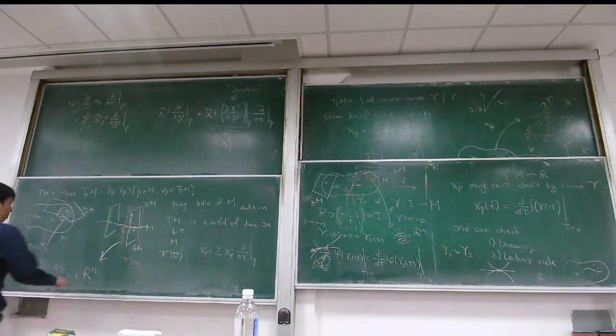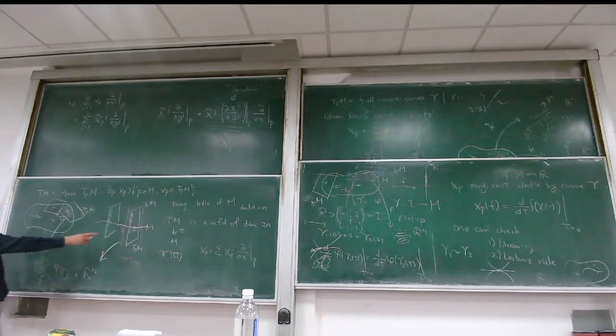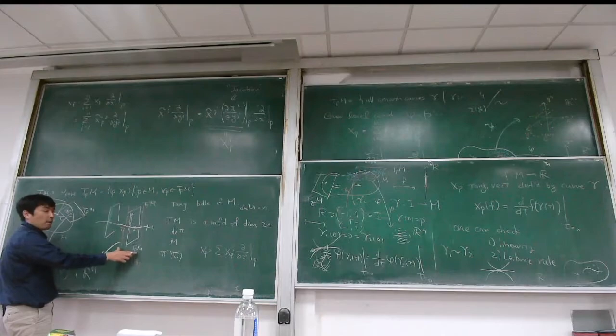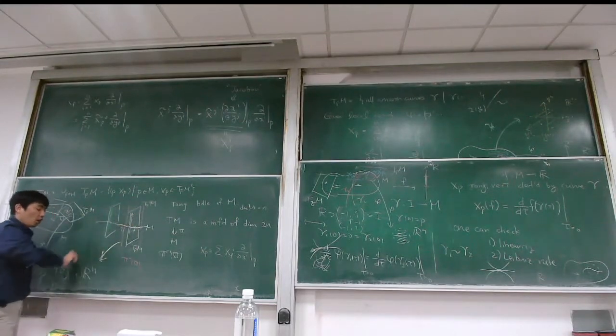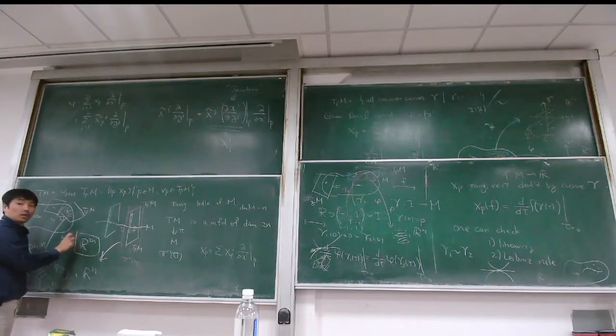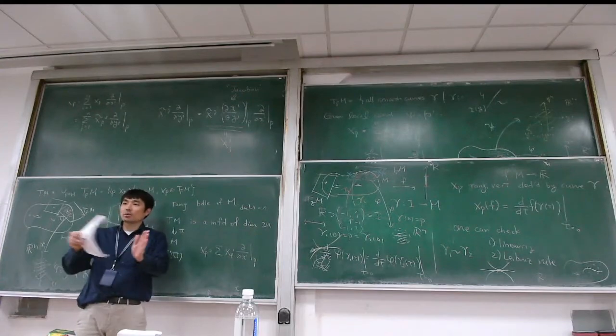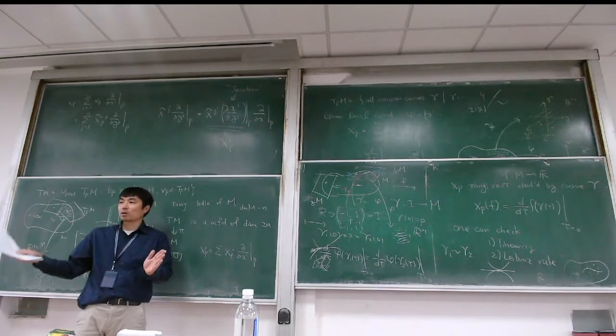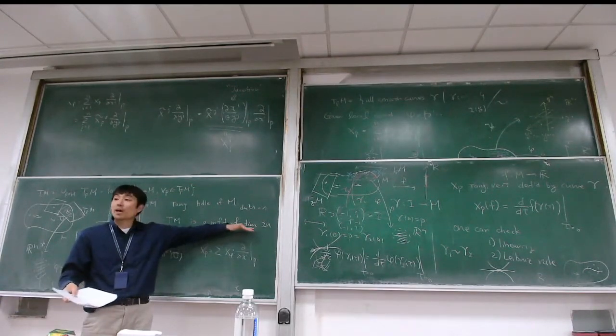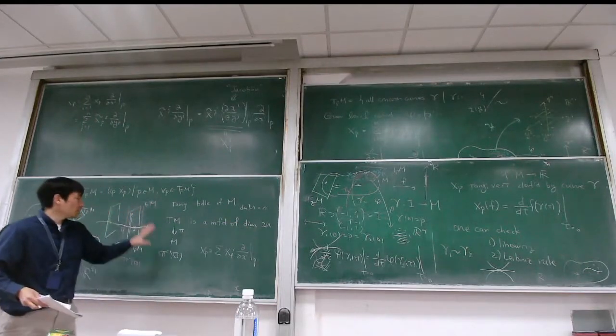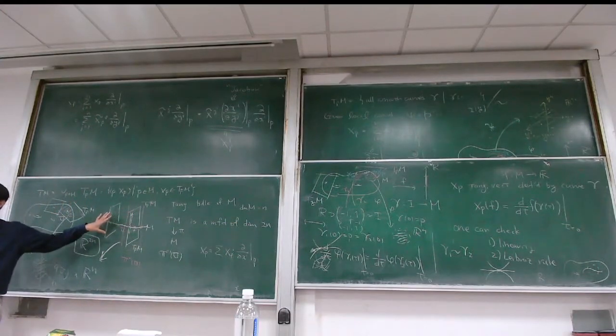So under this map, what I'm trying to do is map pi inverse of U into an open subset inside R^2n. Then if you satisfy this property of a manifold, like the transition function being smooth, one can show this tangent bundle itself is a manifold.